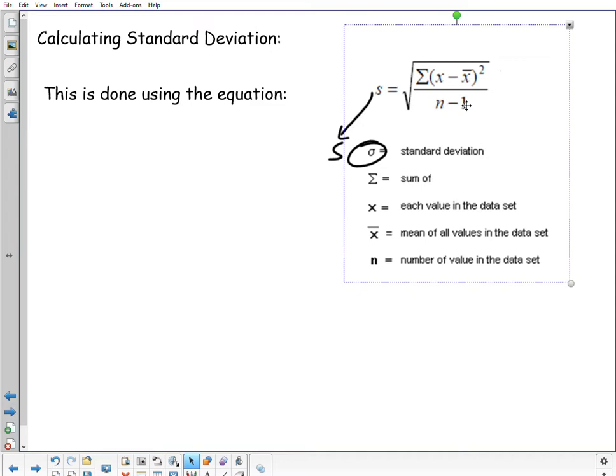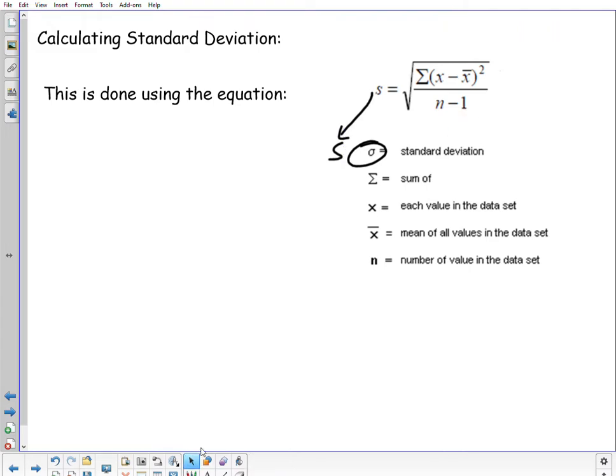So, what does this equation mean? So S, that's our standard deviation. Sometimes you might see it referred to as the Greek letter sigma, but it's the same thing. It is the square root of the sum of x, where that's a value in the data set, minus x bar, that's the mean of the values in the data set, squared, divided by n minus 1.